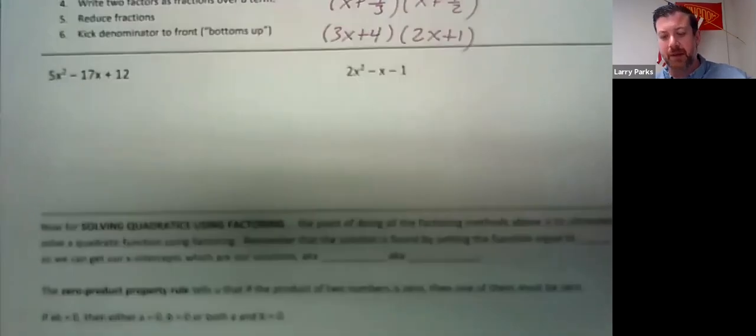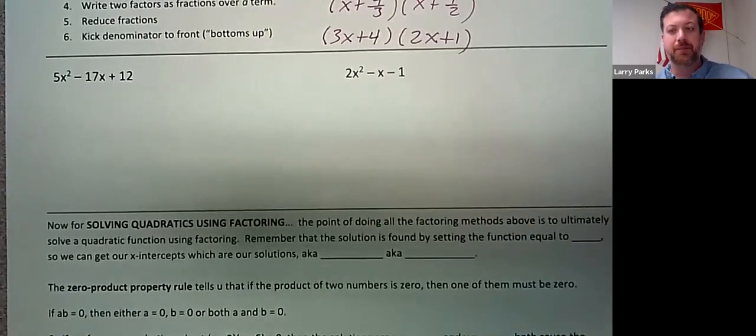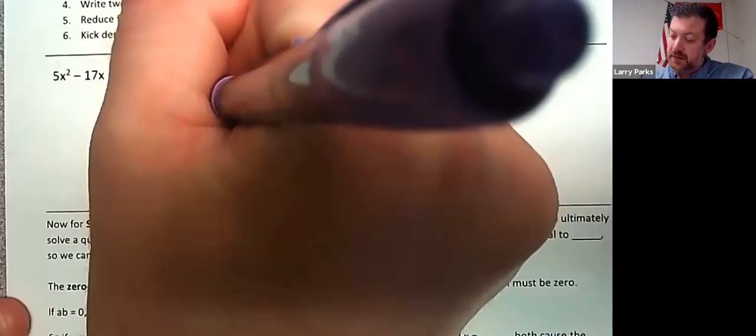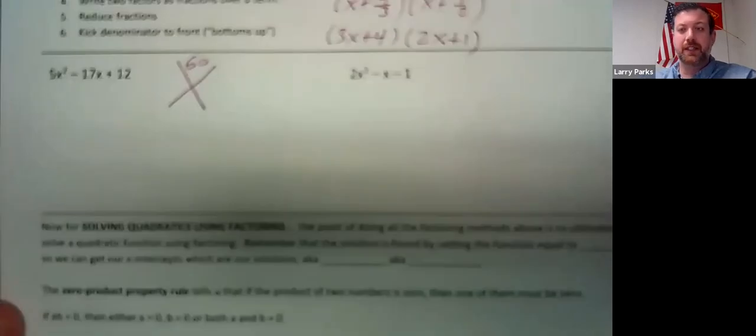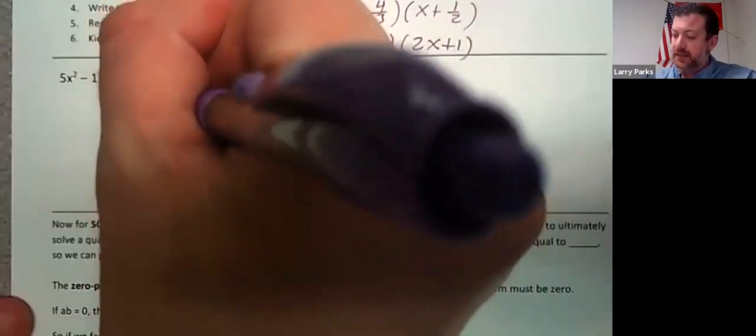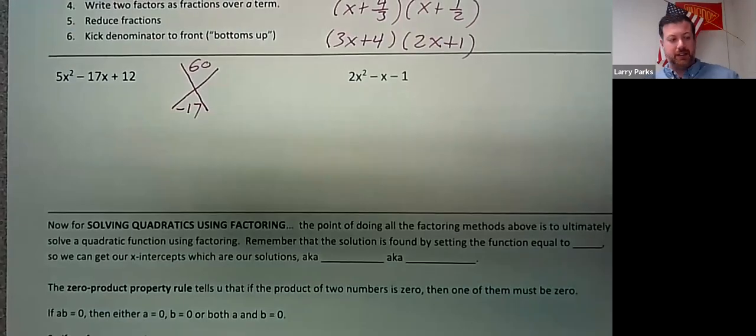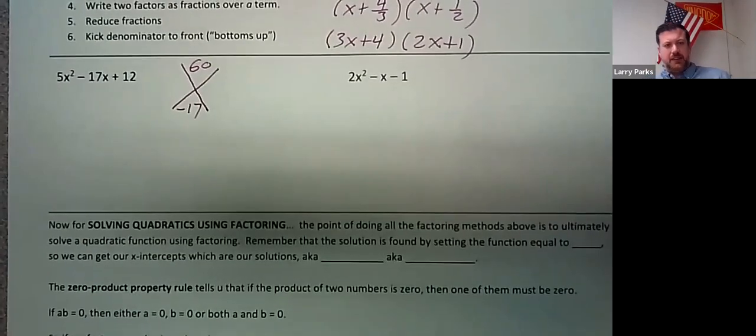So we might have time for one more. So here I would go 5 times 12, 60, add to negative 17. And then, what would that be? 60, that's easy.